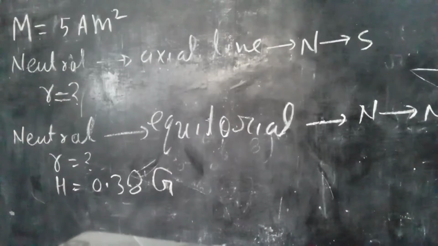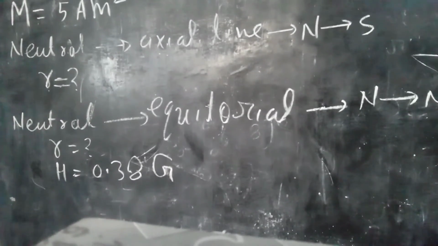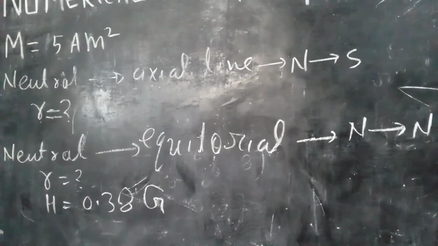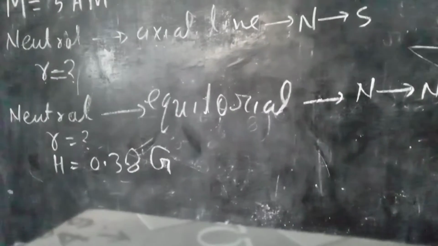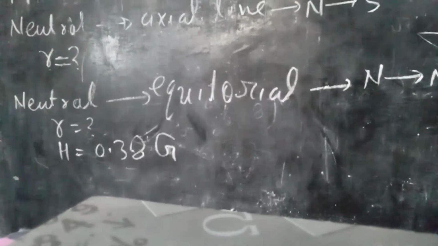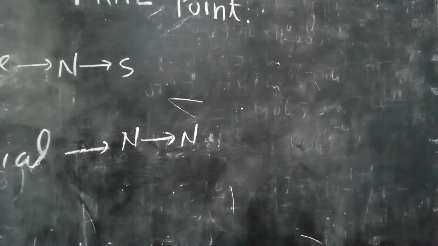Then what is the distance of the neutral point? Given: the horizontal component of Earth's magnetic field is 0.38 Gauss.